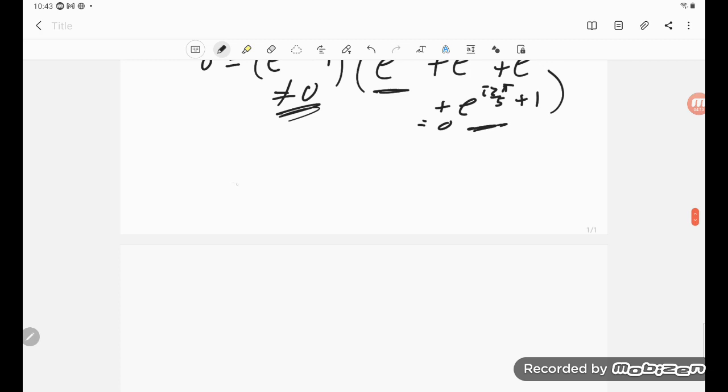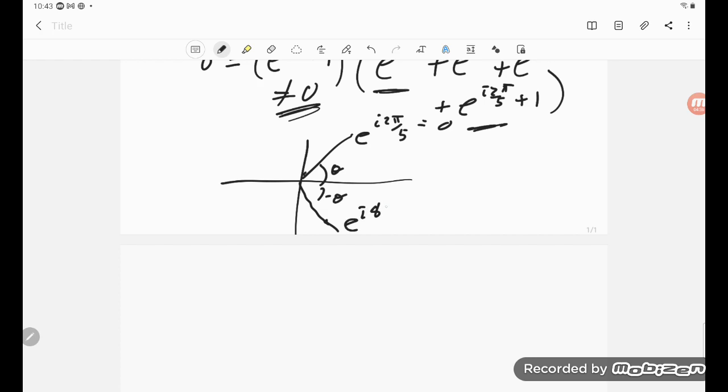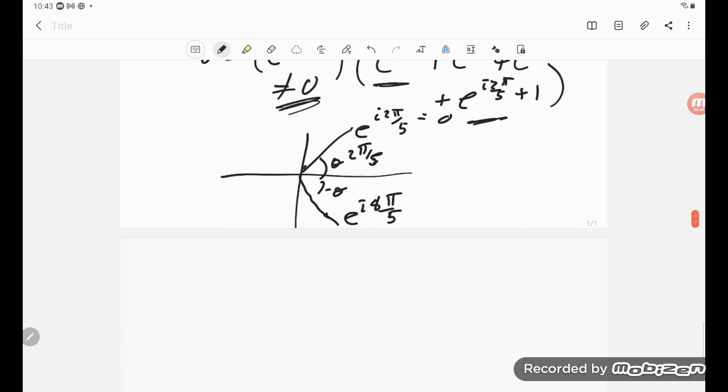And if I think of this geometrically, there's e to the i 2 pi over 5. But down here, if this is theta, then this is minus theta. This is e to the i 8 pi over 5, because theta here is 2 pi over 5, and theta here is minus 2 pi over 5.